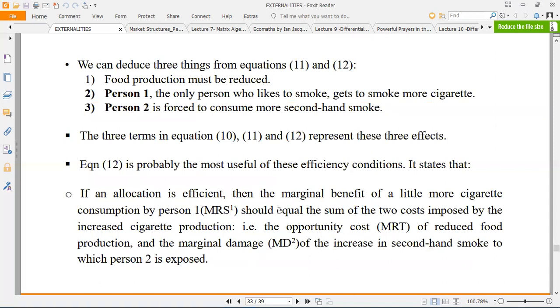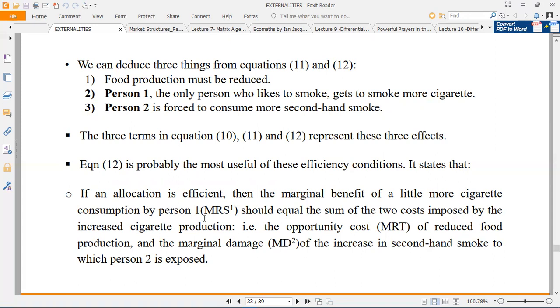The efficiency condition is stating, and I am just reading what we have here, that if an allocation is efficient, then the marginal benefit of a little more cigarette consumption by person 1, which is what the marginal rate of substitution measures, that is the left-hand side, should be exactly equal to the sum of the two costs imposed by the increased cigarette smoking. What are these two costs?